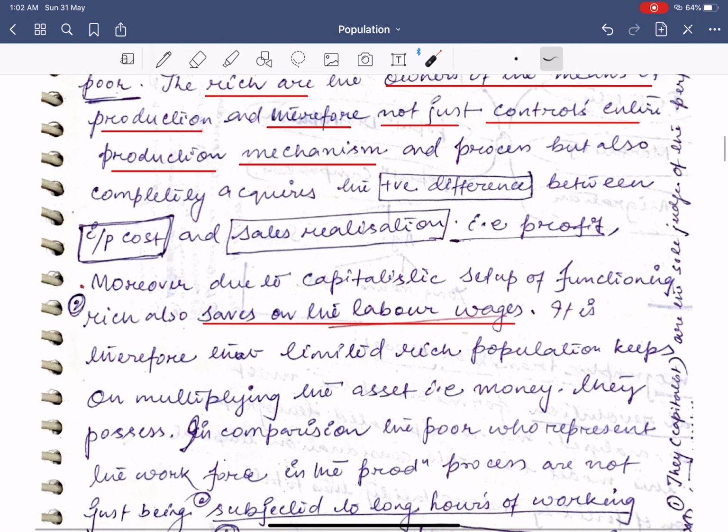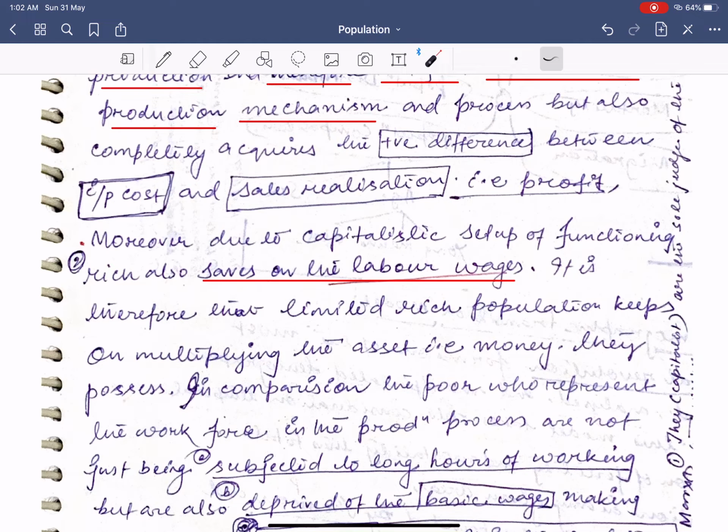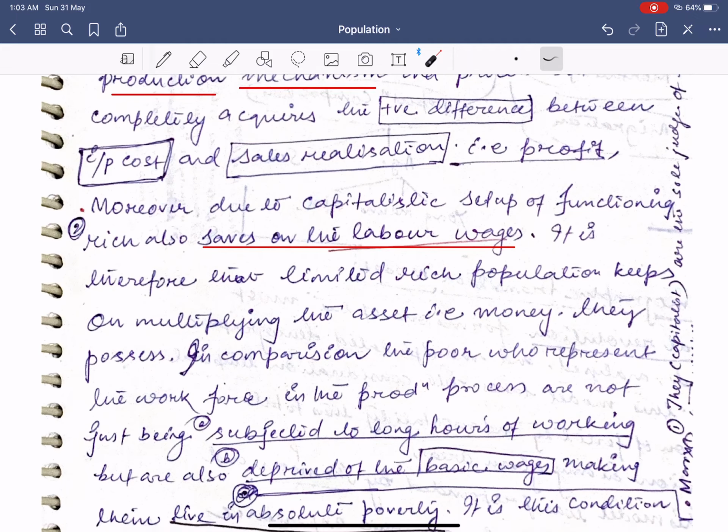But on the other hand, what happens with the poor? Due to the capitalistic setup functioning, the rich also save on labor wages. What is the saving of labor wages? It means they do not give the wage that the laborer actually deserves.